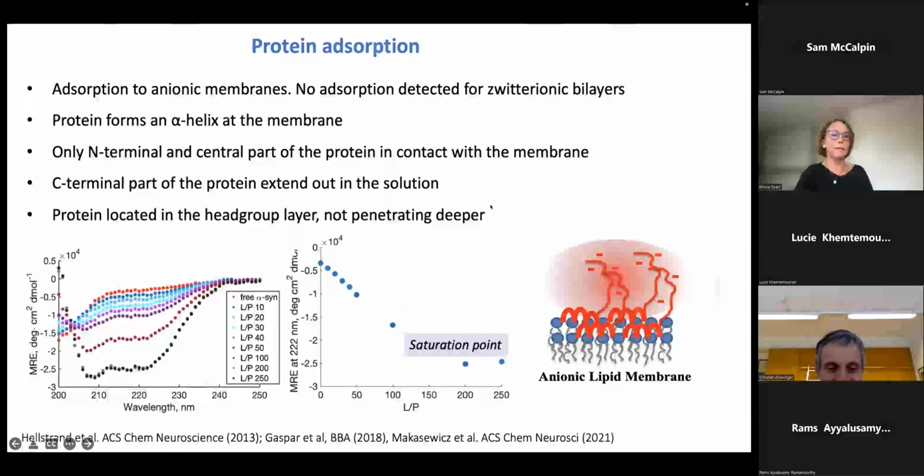If one adds alpha-synuclein to membrane, here in a CD experiment, you see the formation of these alpha helices. And at some point, the CD spectra stop changing, which indicates a saturation point. For the system that we study, it occurs slightly below a lipid to protein ratio of 200.